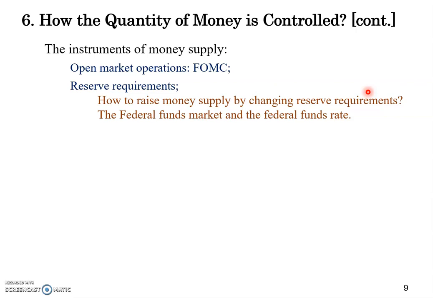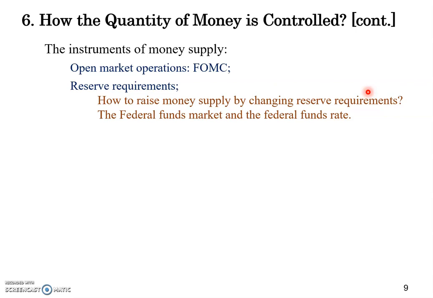But the next issue BOA has to deal with is how they could meet the reserve requirement by the end of the day, because the Federal Reserve will check that every day at 5 p.m. to make sure every commercial bank meets the requirement. These days, when everything is online and computerized, it's pretty easy to do that. In their computer systems, they can check who meets the requirement and who doesn't.